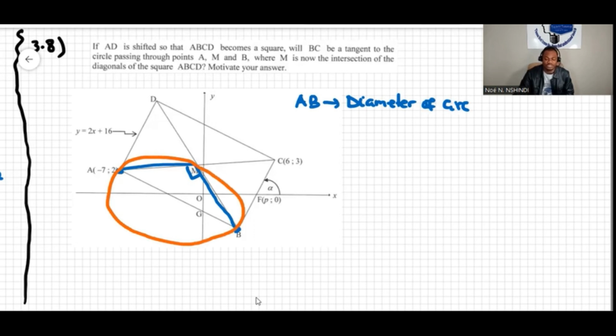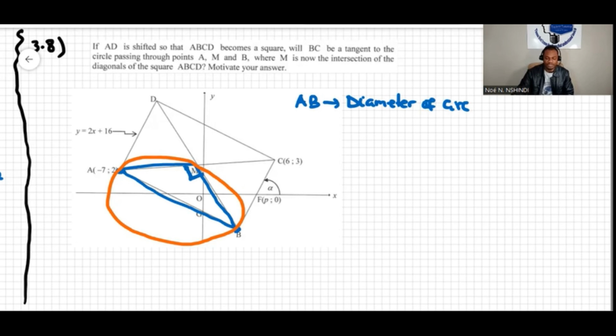Let's call the shape a circle. I'm struggling to draw a proper circle here because you have a 90-degree angle here. According to the property for the chords, the line AB must be the diameter of the circle.